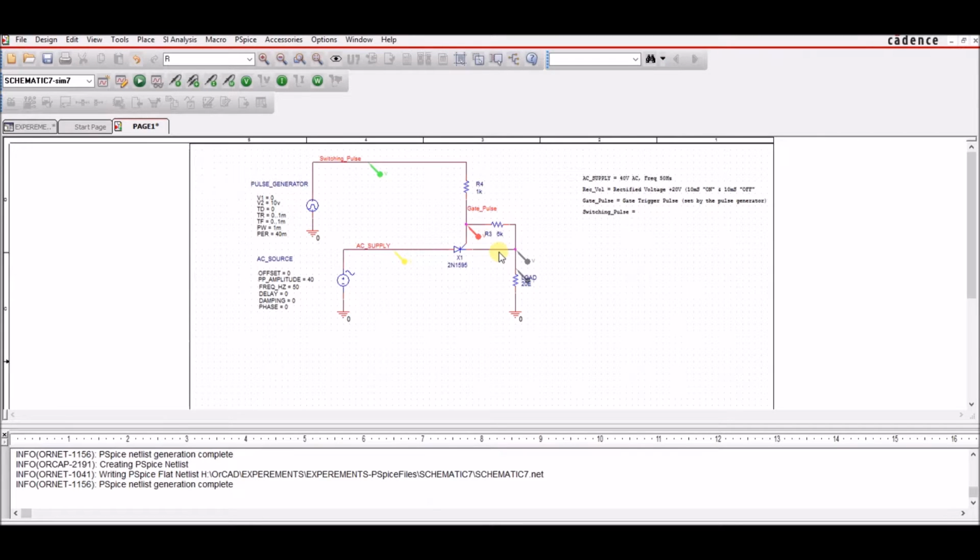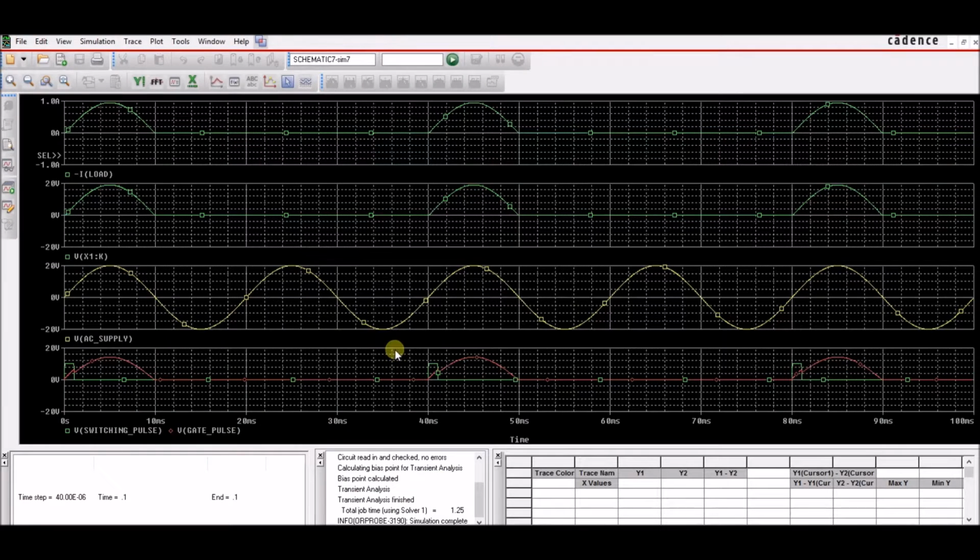You could put a capacitor at this point to smoothen out, to get a pure DC without pulsating, and that will depend on the kind of current that you are taking and the capacitor's storage capacity. So this is how you can control the power into a load, just by triggering the pulses.